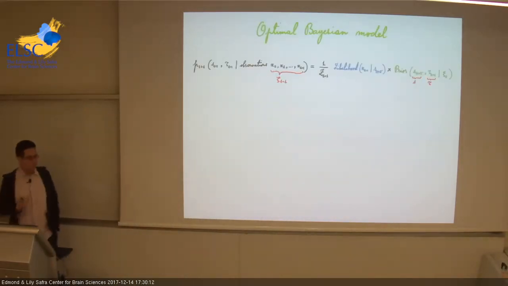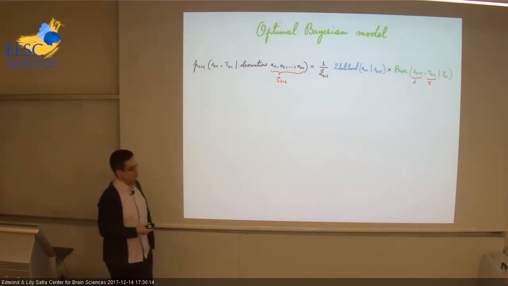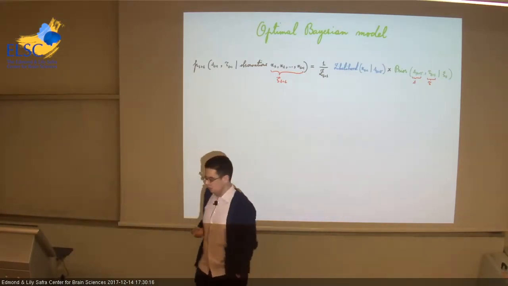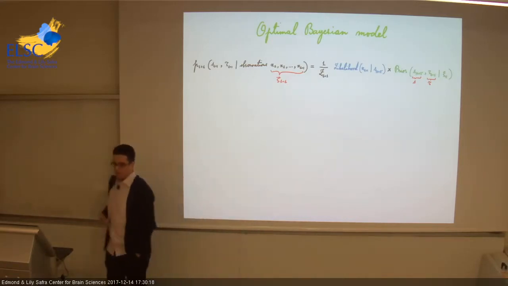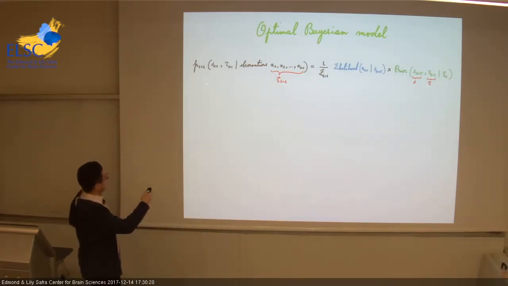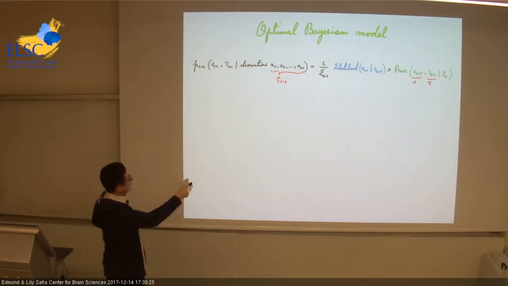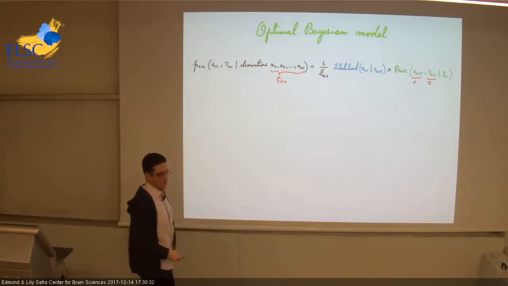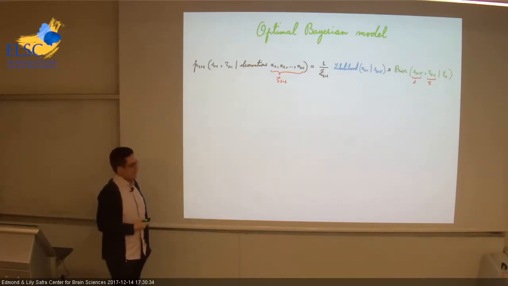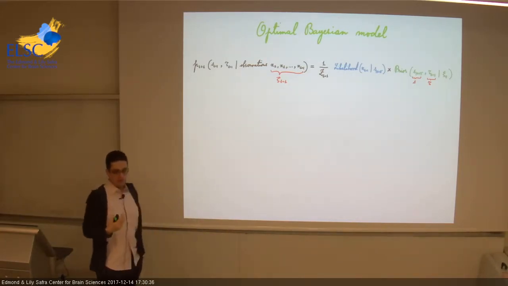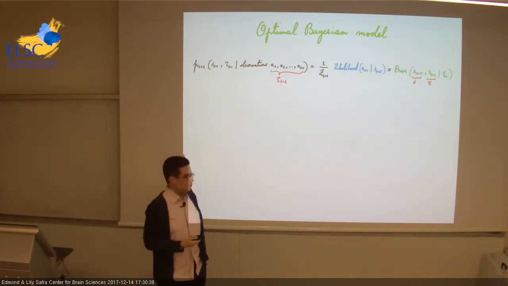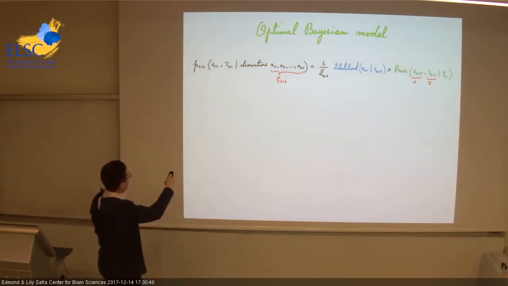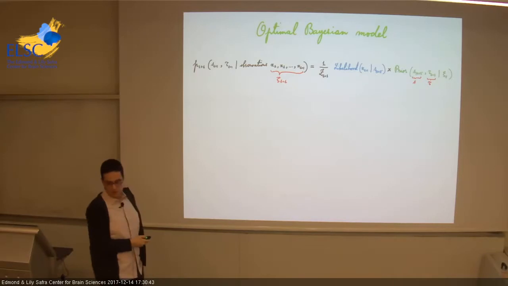So the first thing that makes sense to do is to look at the benchmark model, which is the optimal Bayesian model. And as I was mentioning before, you obtain the posterior given all the observations that I summarize here as Xi as a product of the likelihood and the prior. Okay? Now, a little detail here is that in the Poisson case, which is most of the literature on change points, you always have the posterior only on the hidden state.